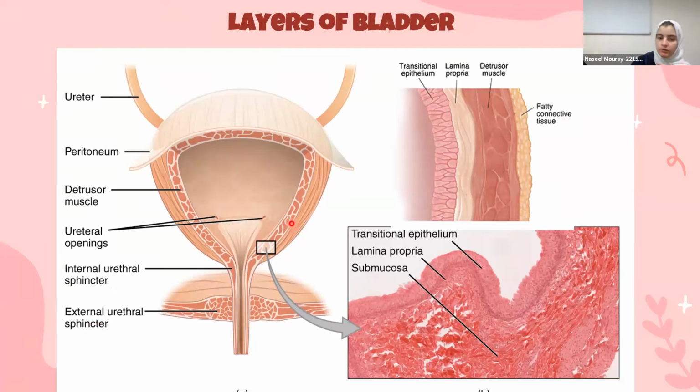When you want to void your bladder, the detrusor muscle contracts, and so you can void. Then you have the ureteric openings, which is where the ureters come in, and then the sphincters, internal urethral sphincter and external urethral sphincter.